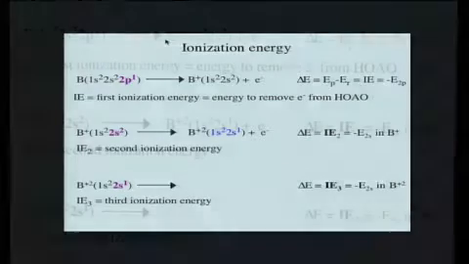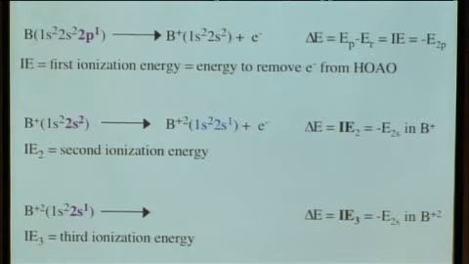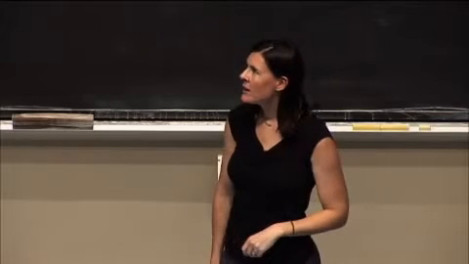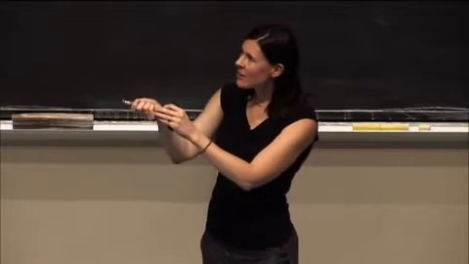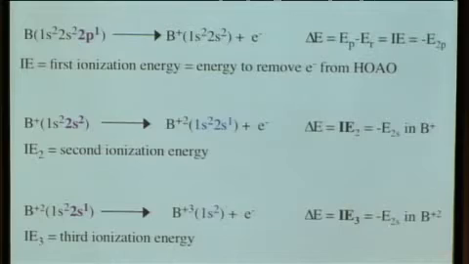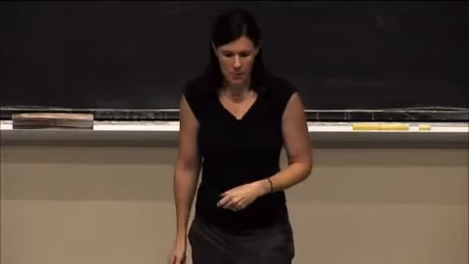Now we're going to pull that second electron out of the 2s. So we end up with B3+, and then the configuration is just 1s2 plus our extra electron here. What we call this is the third ionization energy, or the negative of the binding energy, again of the 2s orbital, but now it's in B2+ that we're starting with.